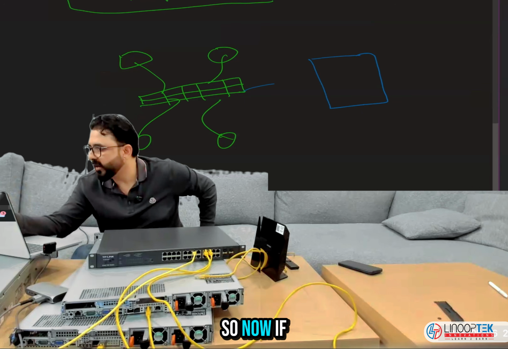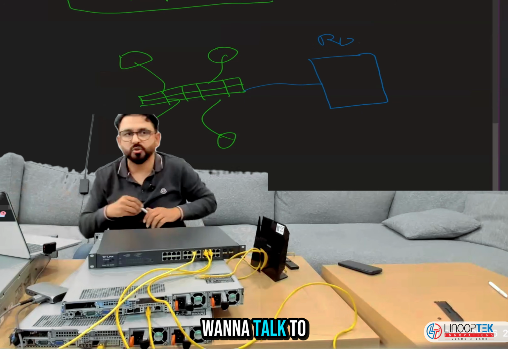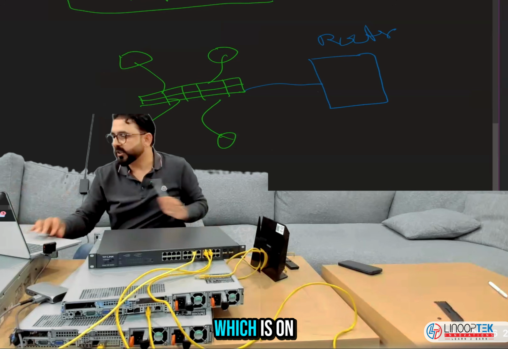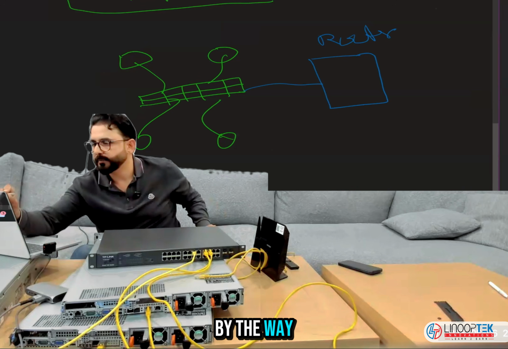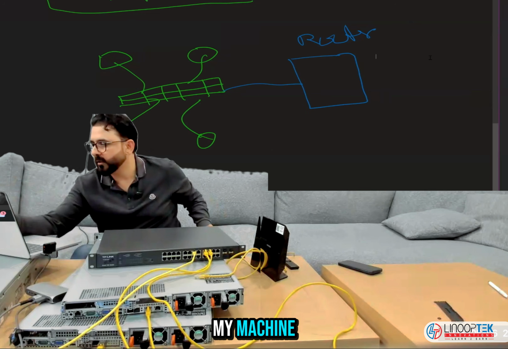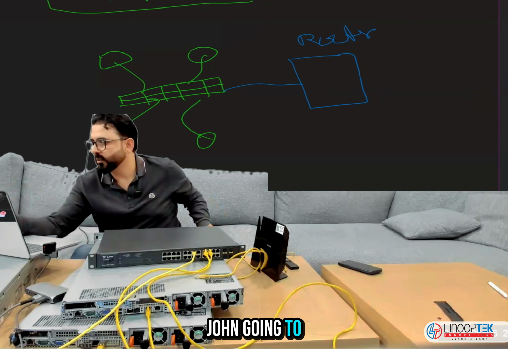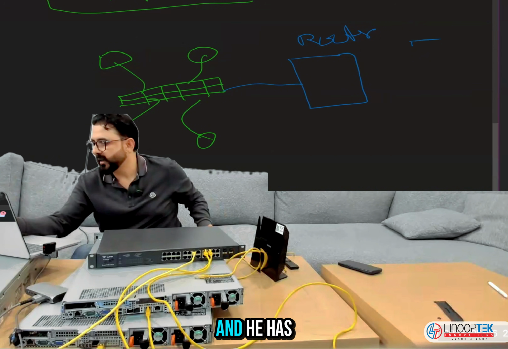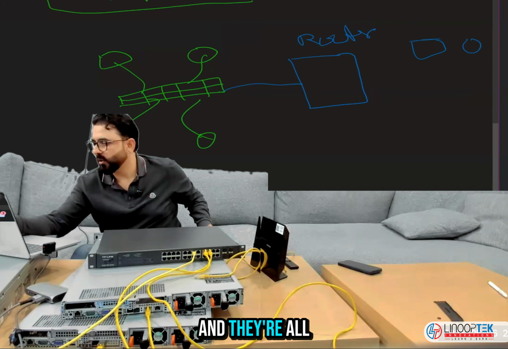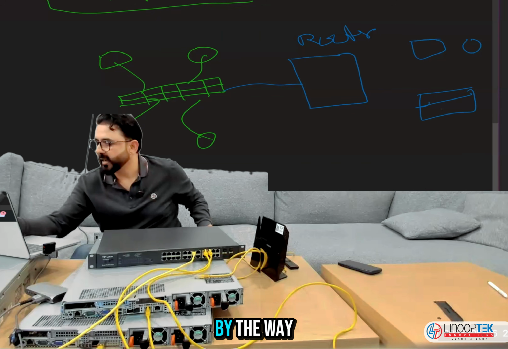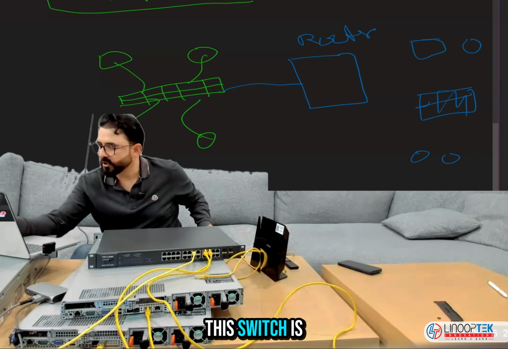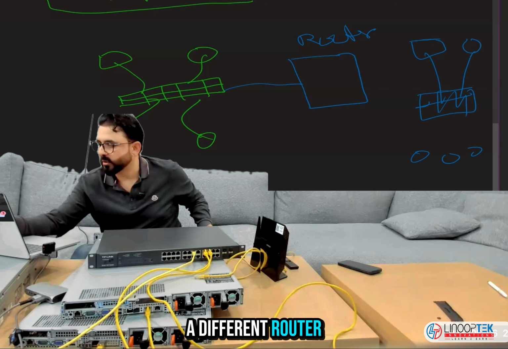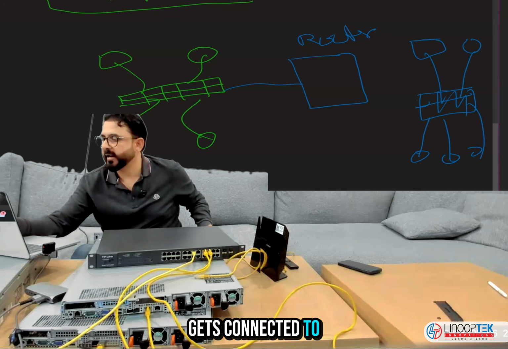So now, I want to talk to John's machine, which is on a different network, by the way, and John wants to talk to my machine. So what is John going to do? John also has a switch over here, and he has different machines, and they're all connected to the switch. By the way, this switch is also connected to a different router, and that router gets connected to my router.